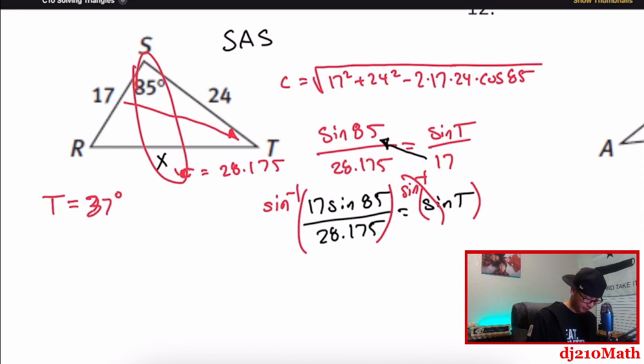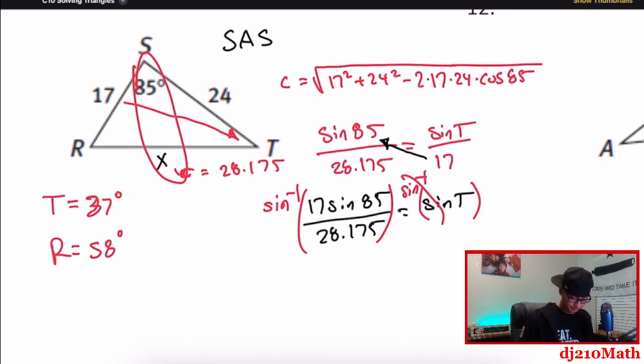Since it's 37, I can immediately find r, right? Because 37 plus 85, and then I'm going to subtract that from 180. We're going to get 58 degrees. Not bad. So it's that switching from cosine to sines in the same problem.